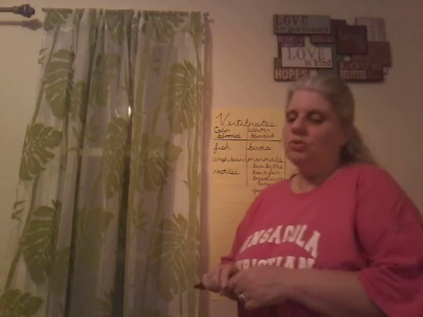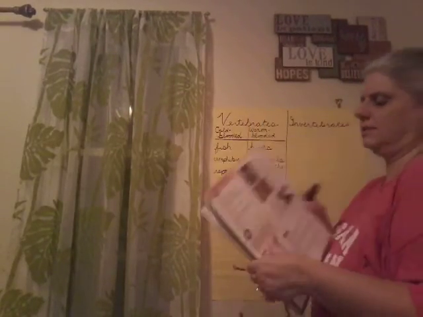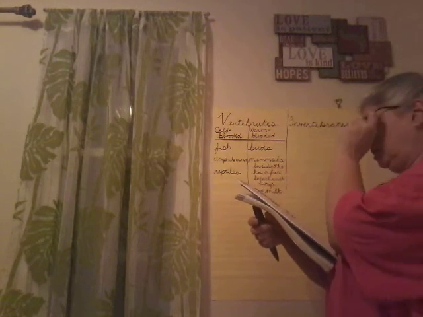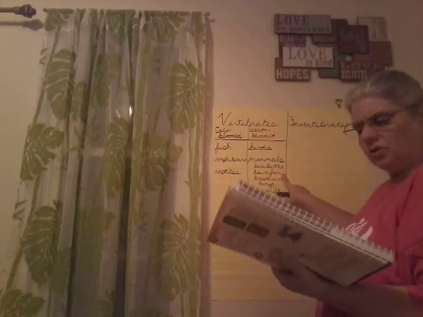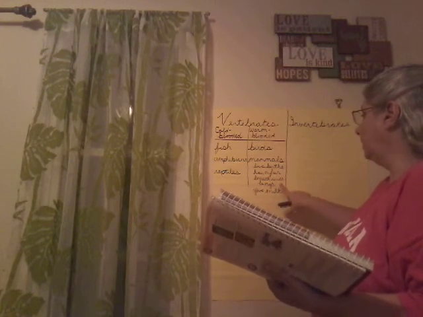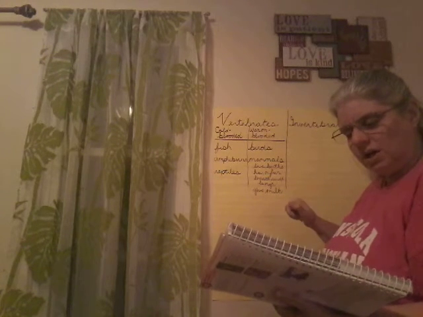Now, if you look in your book, remember these pages you were to read? It talks about the characteristics of mammals, which we have just put up here. Live births, fur, warm-blooded vertebrates, breathe with lungs, give milk.